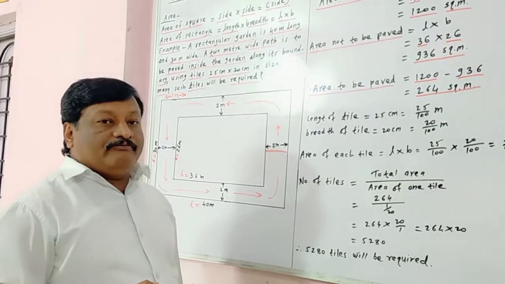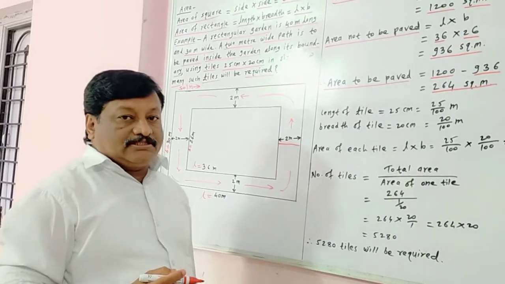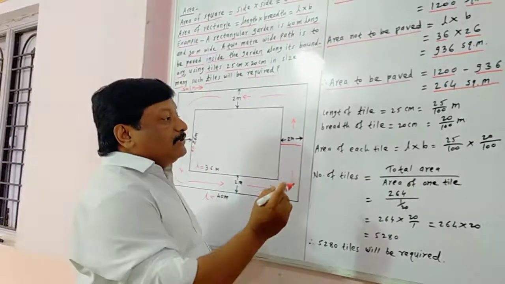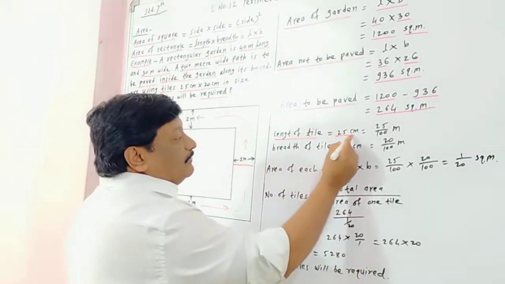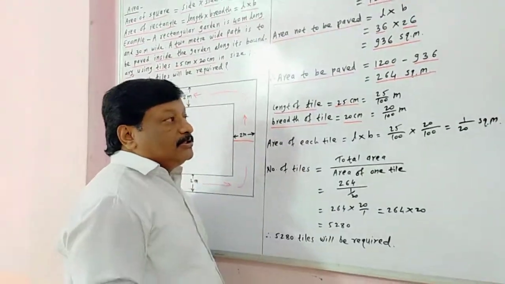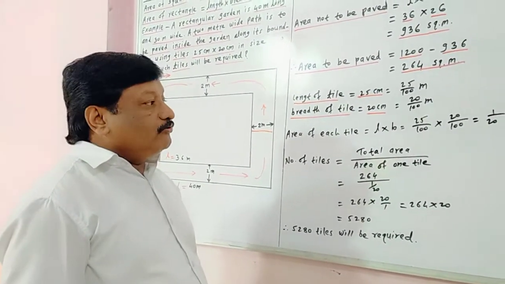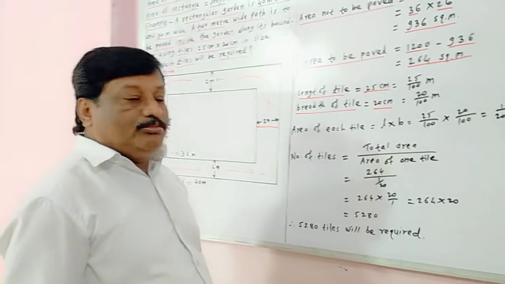This much area we have paved. Then for this paving we have to use tiles. Now length of tile is 25 centimeter and breadth of tile is 20 centimeter. But area is in meter, square meter. So we have to convert centimeters into meters.